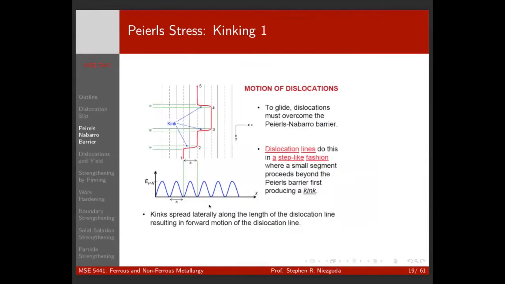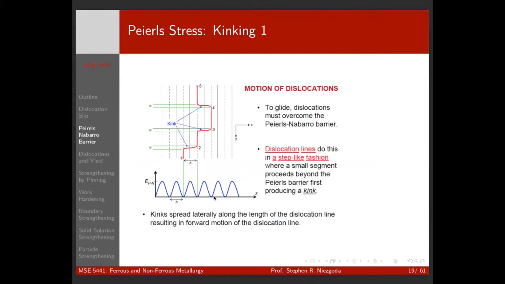All right. Also, one little thing to keep in mind is how do dislocations actually move? The whole dislocation line doesn't move at once. That's too much, too expensive energetically.